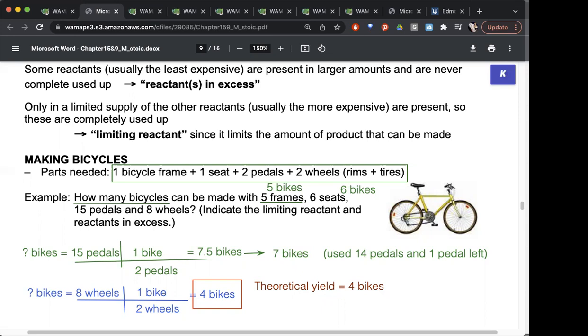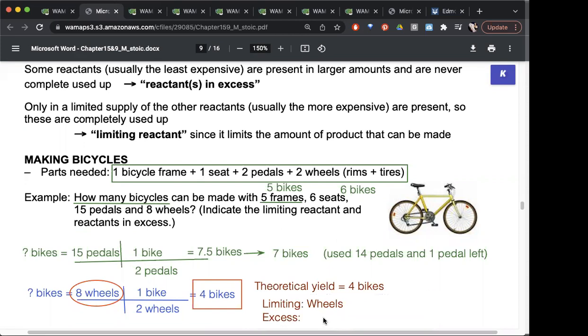And that means that our limiting reactant is what? Is what we started with, 8 wheels. So the limiting reactant was wheels. And then when we have excess, that would be everything else, right?